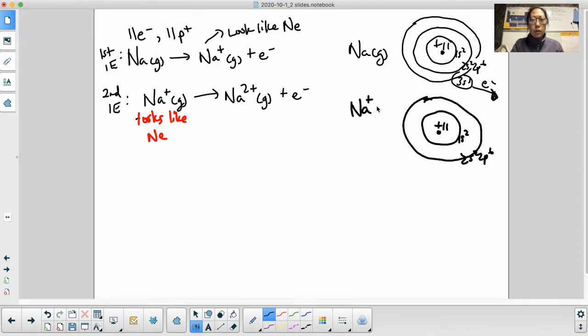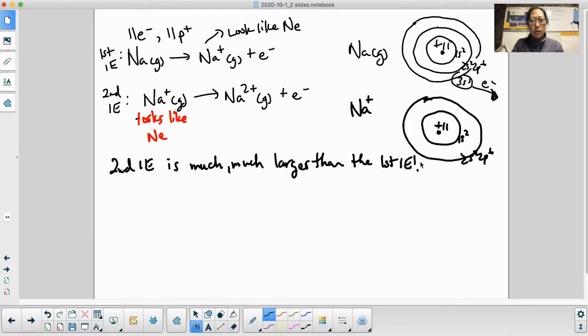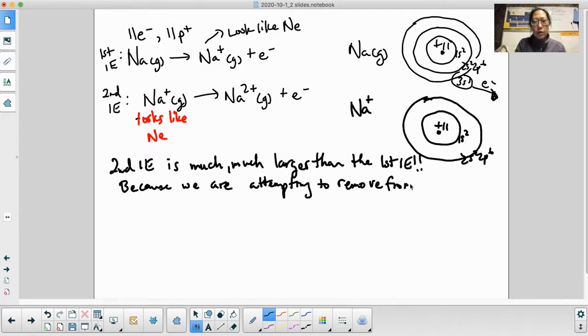Sodium plus does not want to do that. So this second ionization energy is much, much larger than the first ionization energy, because we are attempting to remove an electron from a closed, or rather, full outer shell.